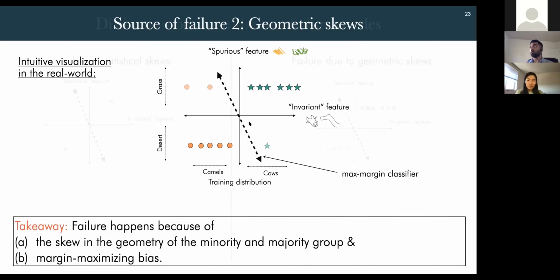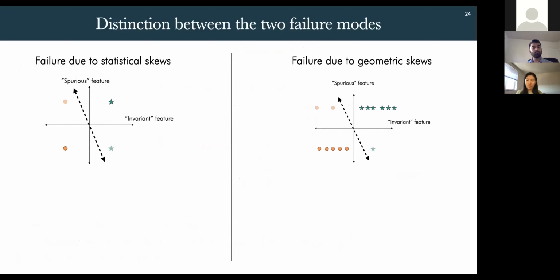So to recap, I think it's helpful to differentiate these two failure modes. So we saw that there's this failure mode due to something called statistical skews, and we saw this other failure mode due to geometric skews. But these are two very complementary kinds of failure modes. And the reason they're complementary is because the statistical skews failure mode is something that we saw can happen even in a very simple data set where all your data points are collapsed into few points in the subcode.